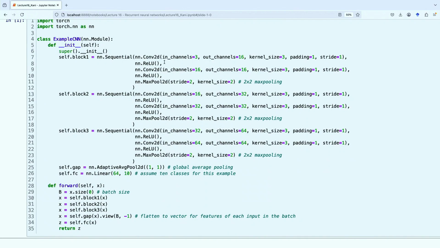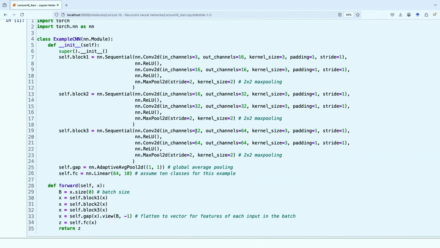Then we pass it to a ReLU activation function. Then we do another 2D convolution. We pass it to another activation function. Then we pass it to a max pool to compress the number of features a bit. Then we have a second block and a third block that largely do the same thing, just with different parameters.